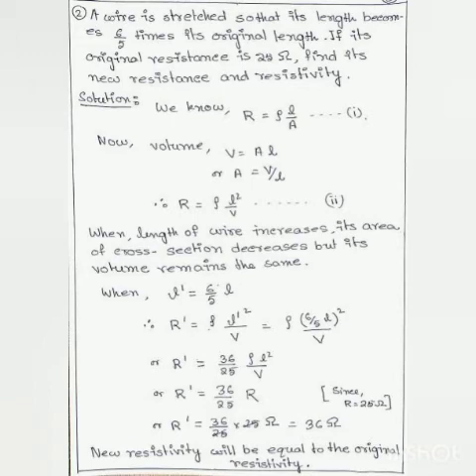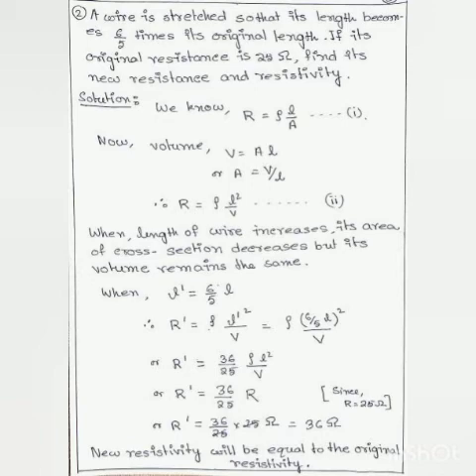So A is V by L, and R is rho L square by V. This numerical is almost the same as the previous one. The same concept we are using here: R we are writing in terms of length and volume, means R equals rho L square by V.